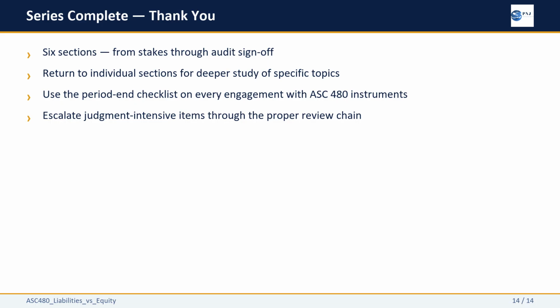Return to individual sections whenever you need a deeper review of a specific area. Use the period-end checklist consistently. And when you encounter judgment-intensive instruments, escalate them through the proper review chain. Thank you for completing the full ASC 480 Distinguishing Liabilities from Equity series.